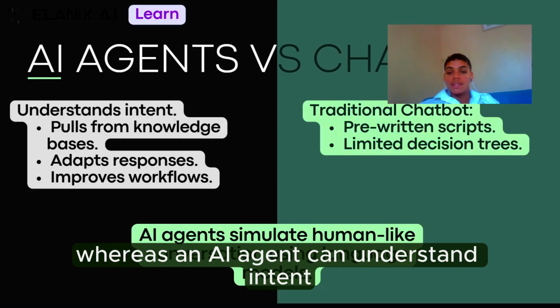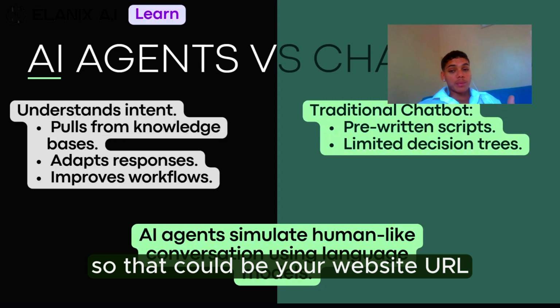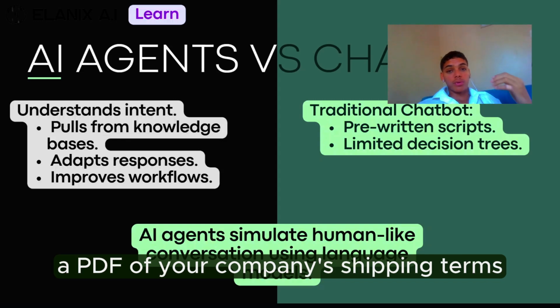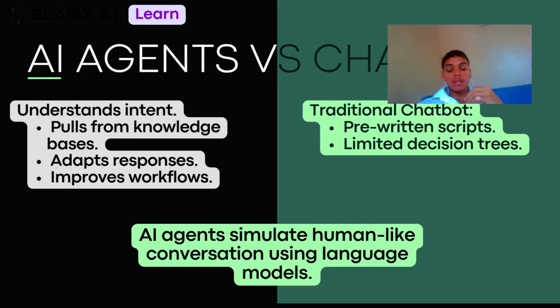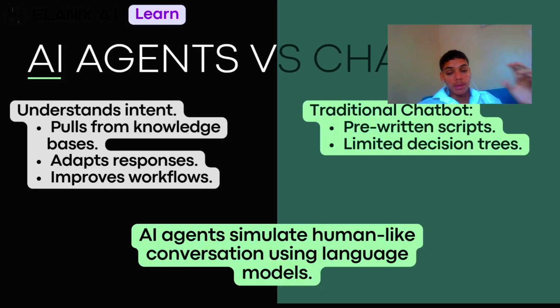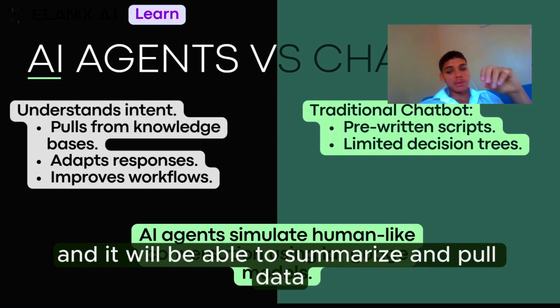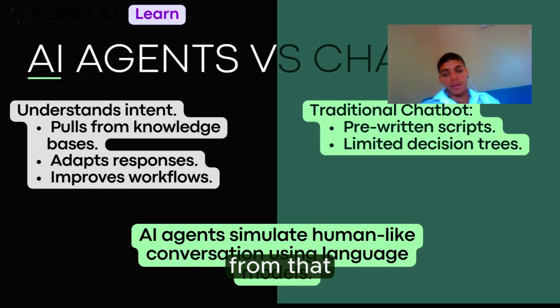Whereas an AI agent can understand intent. It pulls from a knowledge base, so that could be your website URL, a PDF of your company's shipping terms, your company's policy document. You can submit the PDF into this agent, and it will be able to summarize and pull data from that.